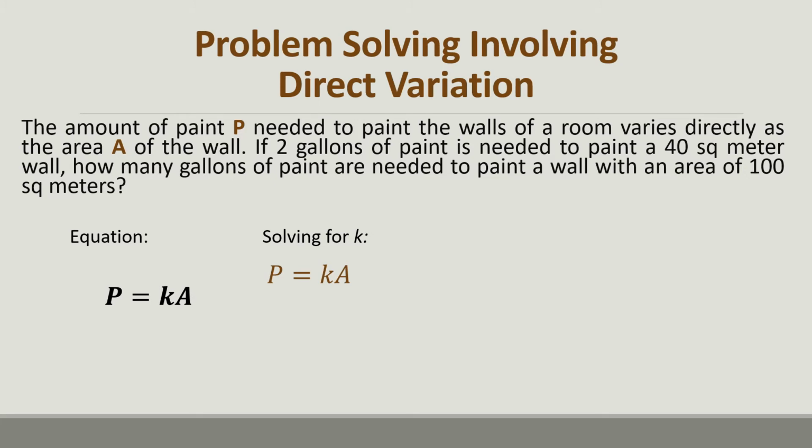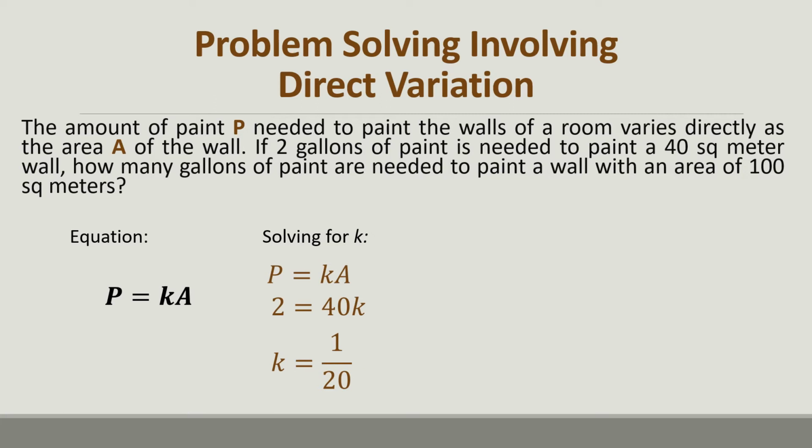So P is equal to 2 and then A is equal to 40. And from there, we divide both sides of the equation with 40 to solve for K. So K is equal to 1 half. Why 1 half? Because we have to simplify. 2 divided by 40, that's 1 over 20. Sorry, not 1 half. 1 over 20.